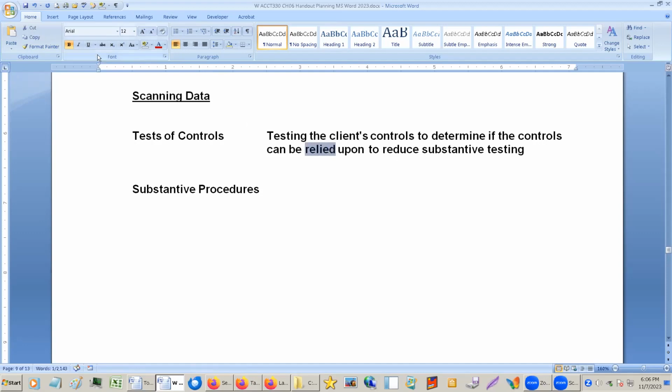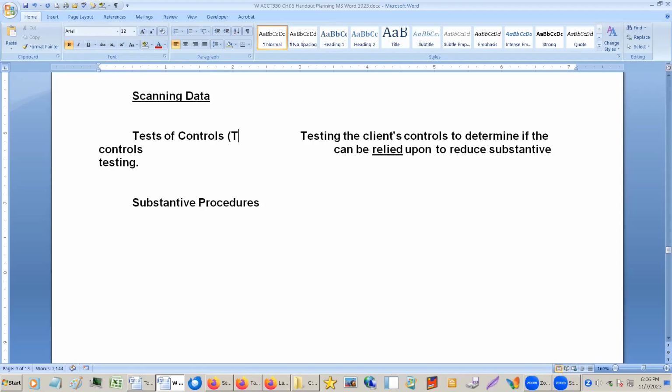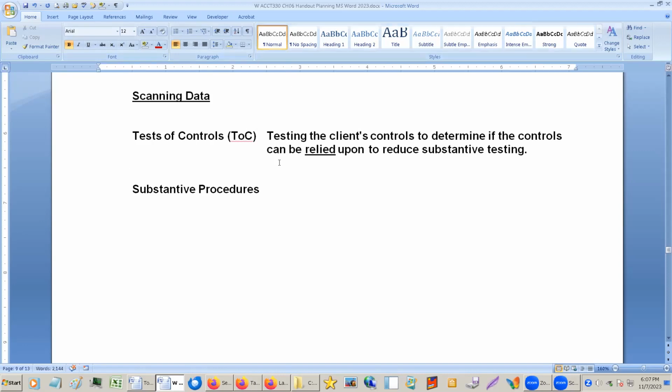Now, for the AICPA, these are not required, only if you plan on using these controls to reduce the substantive testing. You're going to rely on the controls. If you're not going to rely on the controls, you don't need to do them. By the way, you'll see this abbreviated sometimes, even on the CPA stuff, as test of controls, TOC.